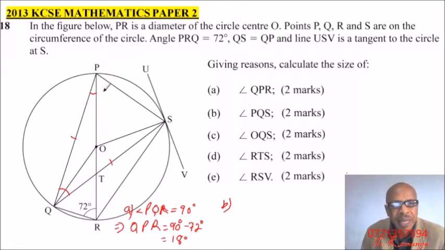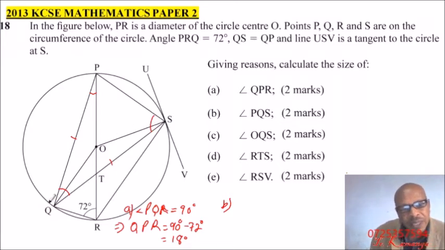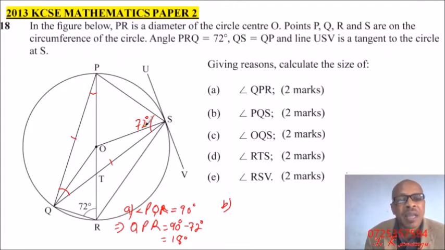The chord PQ subtends this angle, and it also subtends this angle. Angles subtended by the same chord are the same. So this is 72. If that angle is 72, it means that this other angle we have found is 18.